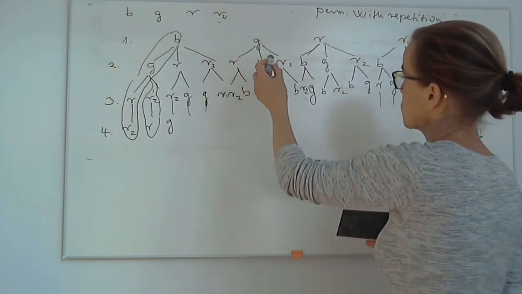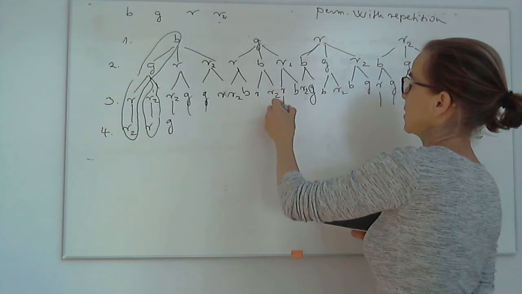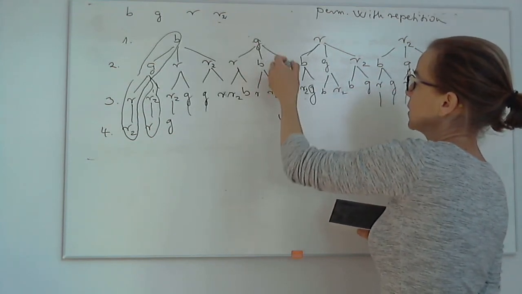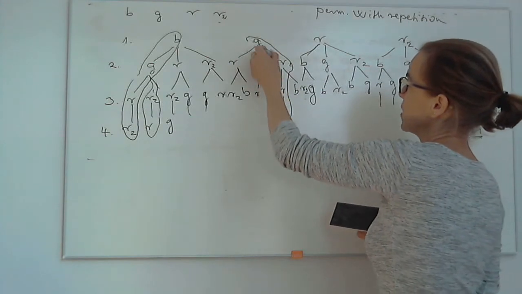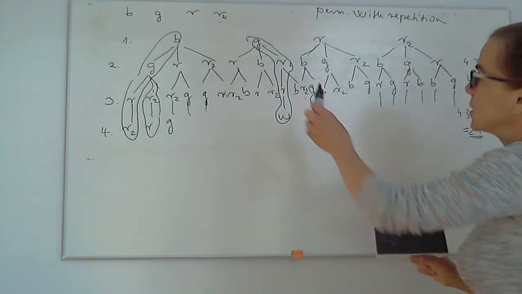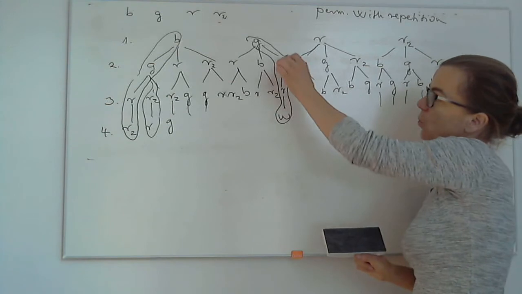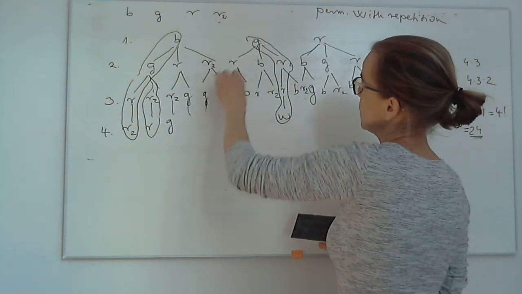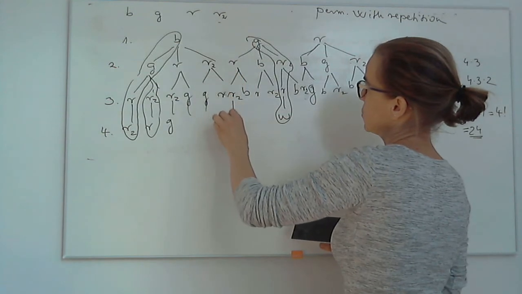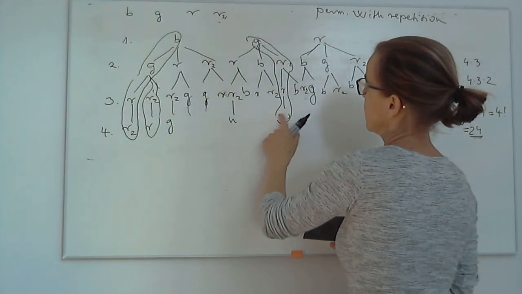So if I choose one where I had, for example, green, red 1, red 2, white, then I should also find a pair for this one where the only difference is going to be the order relative to these two reds. That's going to be this one. Green, red, red 2, and then, oh, I don't have white, sorry.